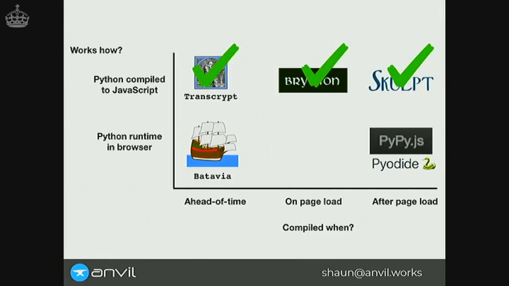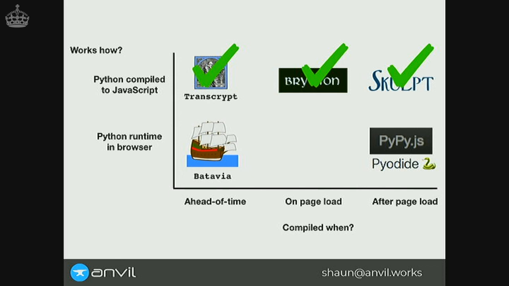So we're halfway there. We've looked at all the technologies where Python is being compiled straight to JavaScript. Now I'm going to talk about things that actually implement a whole Python environment, a Python interpreter in the web browser. So writing a Python interpreter and compiler in JavaScript sounds like a lot of work.